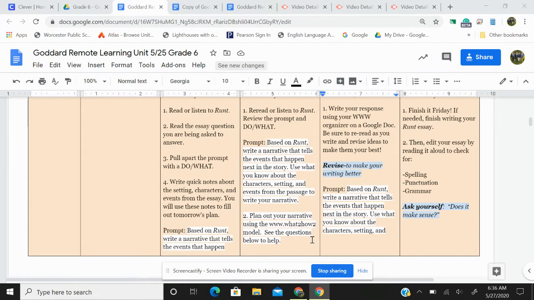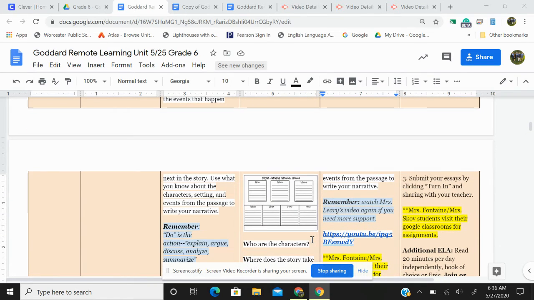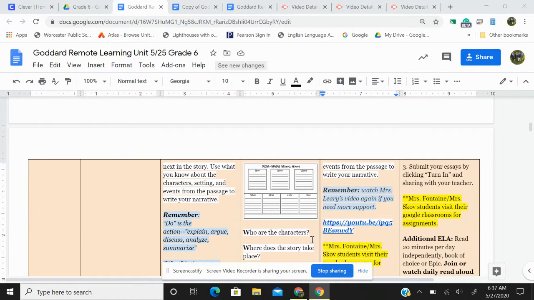2. Plan out your narrative using the WWW What To, How To model. See the questions below to help. And here's a visual if you remember doing this WWW What To, How To graphic organizer in school. And here are the questions. Who are the characters?